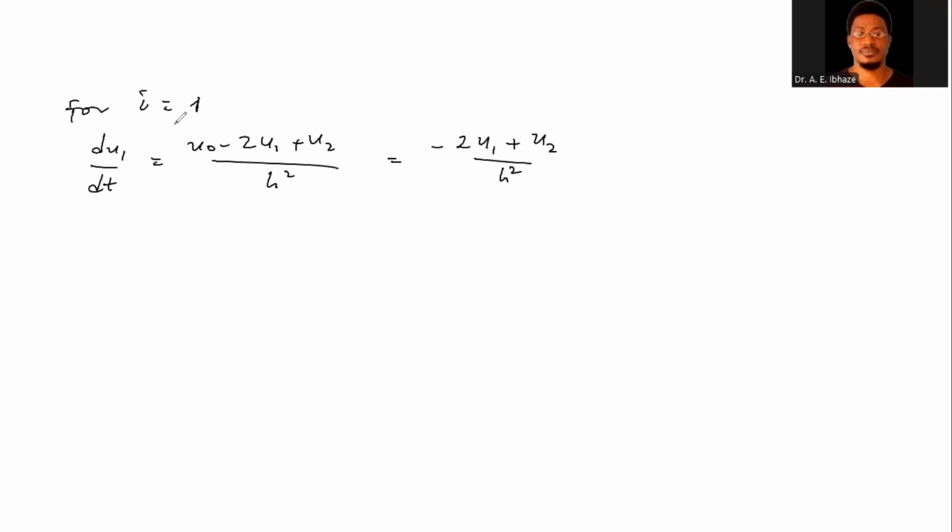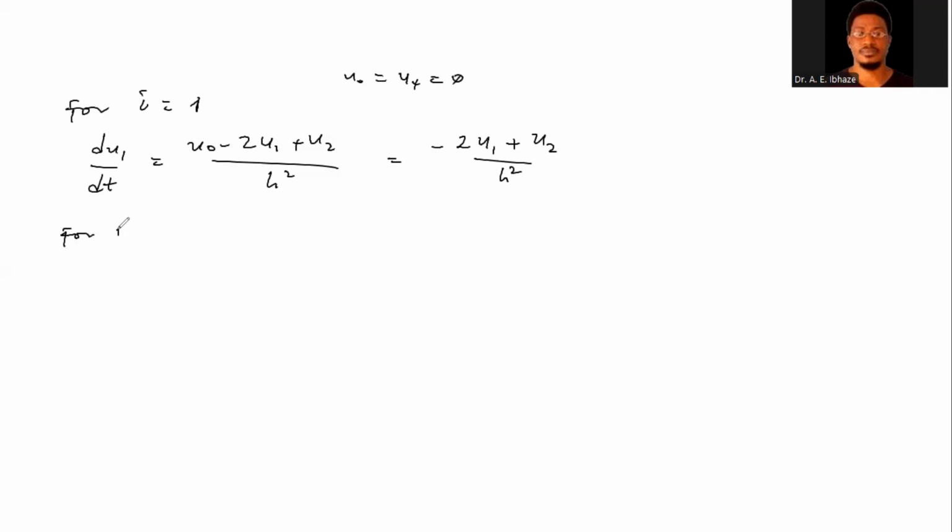So for i being the same as 1, we now have du1 over dt being the same as u naught minus 2u1 plus u2 over h squared. And this will give us minus 2u1 plus u2 over h squared, because u naught and u4 are the same as 0 from the boundary conditions.